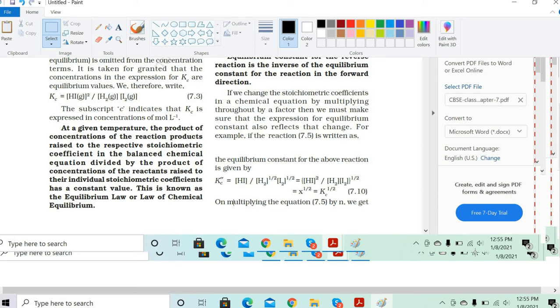So 2HI will become 1HI, half mole of each. Excellent. So what will be the equilibrium constant now? It would be HI divided by H2 to the power half into I2 to the power half.